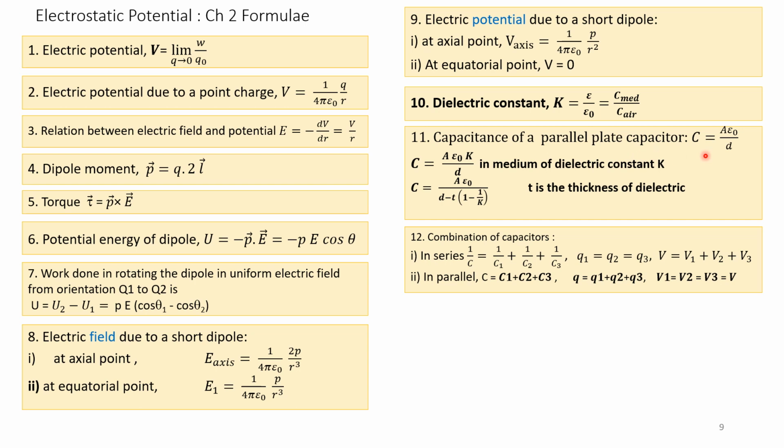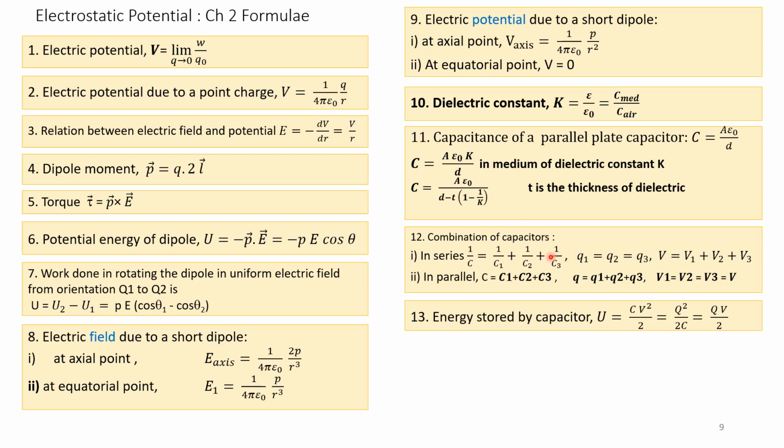Capacitance of a parallel plate capacitor is C is equal to A into epsilon naught over D. In a medium of dielectric constant K, C is equal to A epsilon naught K divided by D. If the thickness of the dielectric is to be taken, then C is equal to A epsilon naught divided by (D minus T into (1 minus 1 over K)). Here we are considering the thickness of the dielectric.